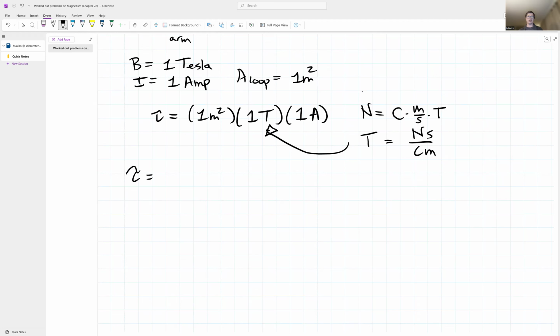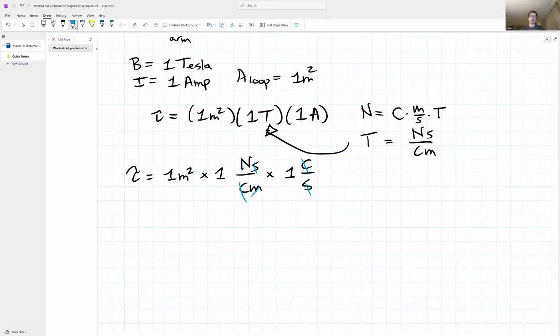So we can plug that in, and we get that the torque is 1 meter squared times 1 Newton second per Coulomb meter. And then 1 amp is Coulomb per second. So you have some nice cancellations: Coulomb, second.